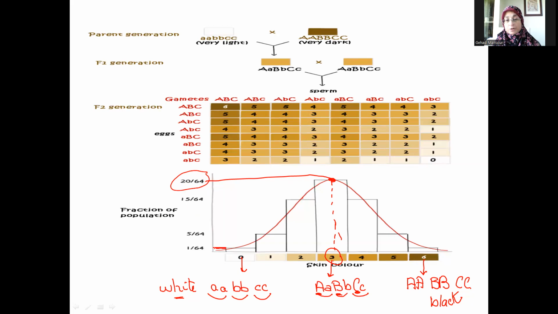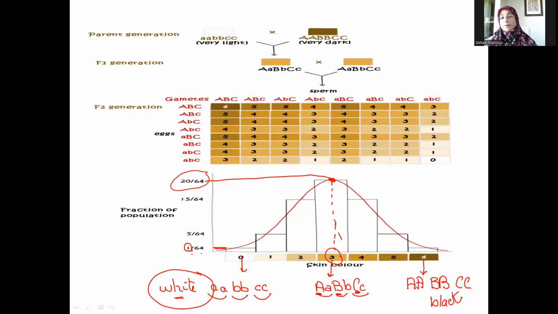Since you see here, their number is very close to 1 amongst the 64. So the probability is 1 over 64 for the individual to be white, and for an individual to be completely black, having the 6 alleles dominant, is also 1 over 64.